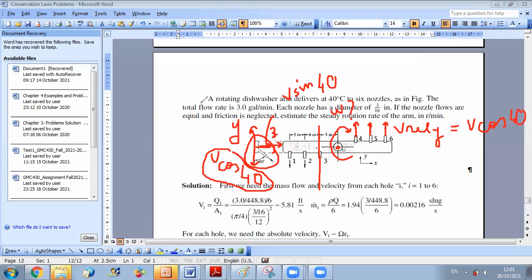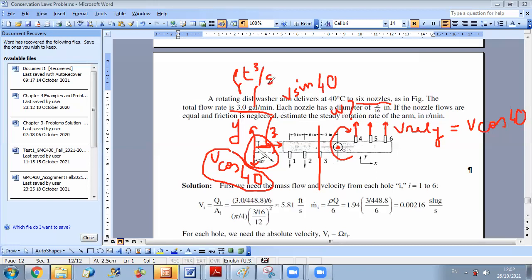Now let us read the given to know exactly what they gave us. We have 6 nozzles, and the total flow rate, Q total, is 3 gal per minute. First we can convert to the unit of feet cubed per second. This will give us Q in English units.